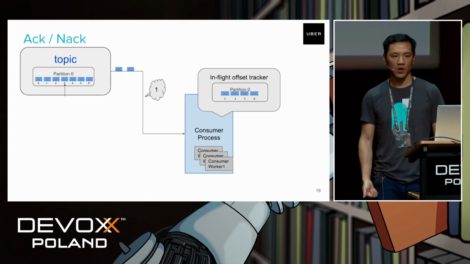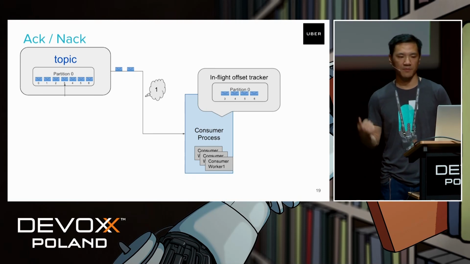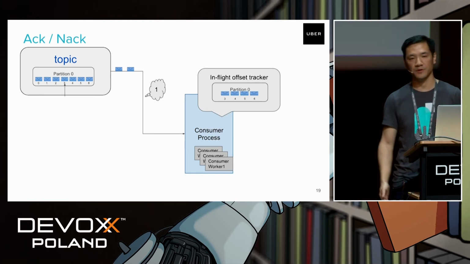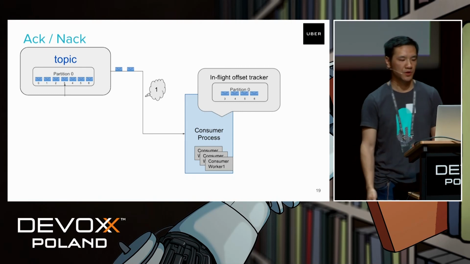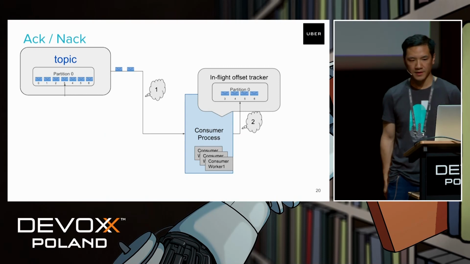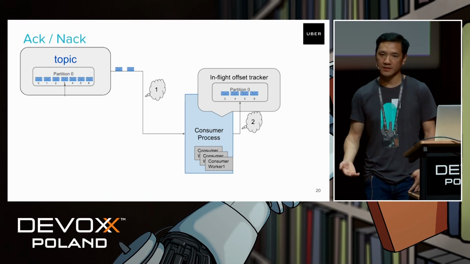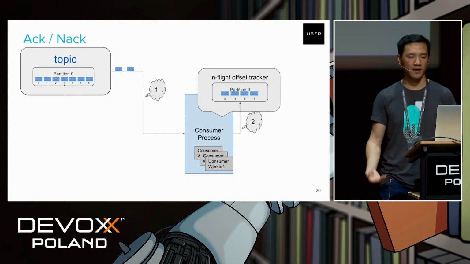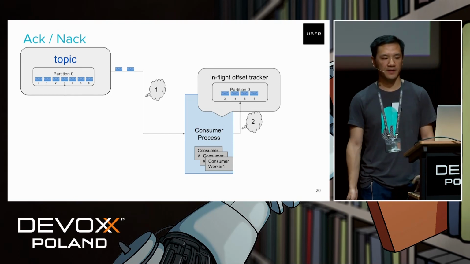So in this case, we have an in-memory in-flight offset checker for the partitions that are assigned to this process. All the workers will report the progress or nack to the in-flight offset checker.